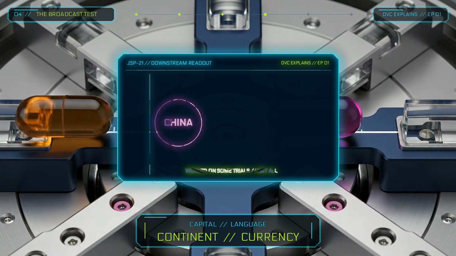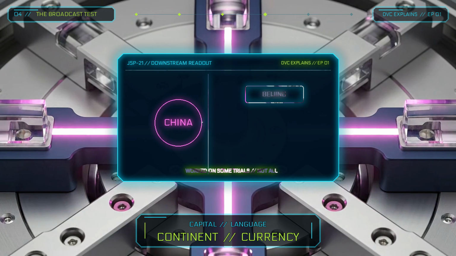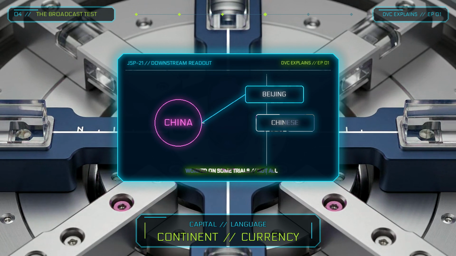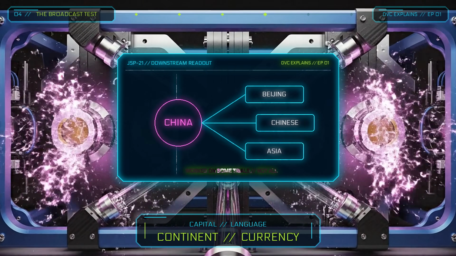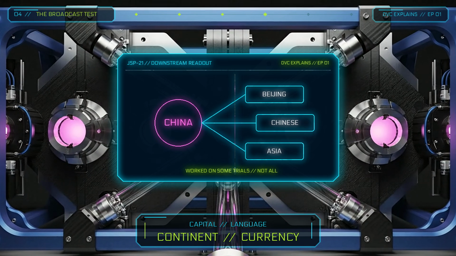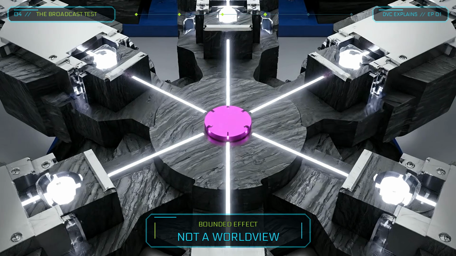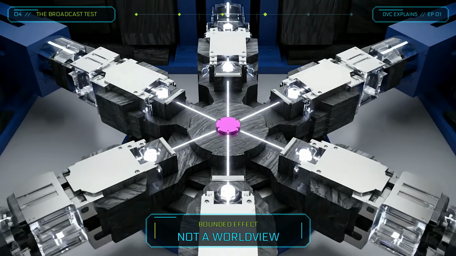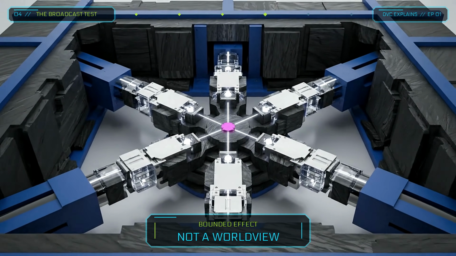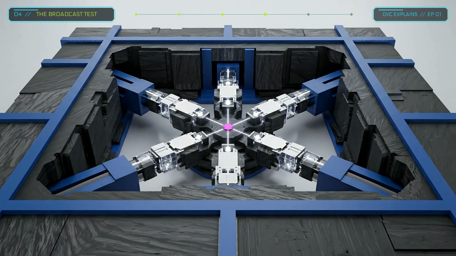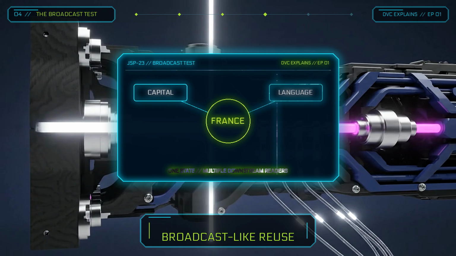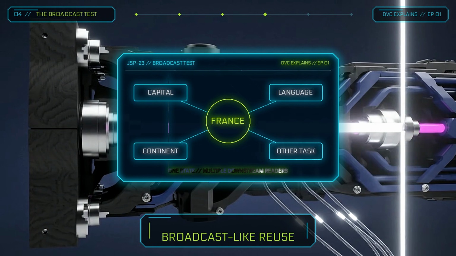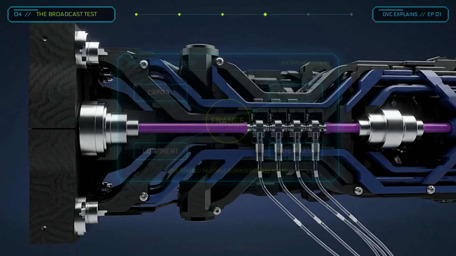In the illustrated example, the downstream answers changed to the China-appropriate results. Across the larger benchmark, however, the intervention worked on some trials, not all of them. One patch influenced several related outputs in this test, not an entire worldview. The result is consistent with a broadcast-like representation that multiple downstream circuits can read.